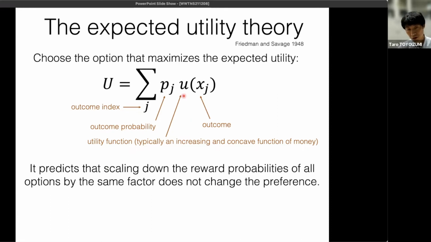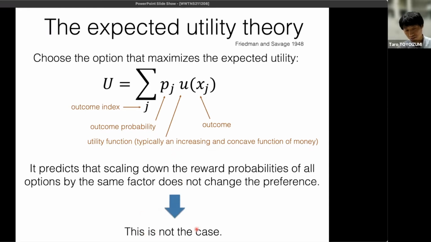For example, imagine that I reduce the probability of getting reward of all outcomes of rewarding options by half. That will reduce the increment of expected utility by half. If I do that for all options, the increment of the utility for all options becomes half, but it doesn't change the relative order of which option is better than others. So the choice would be invariant to such a scale reduction of the probability.